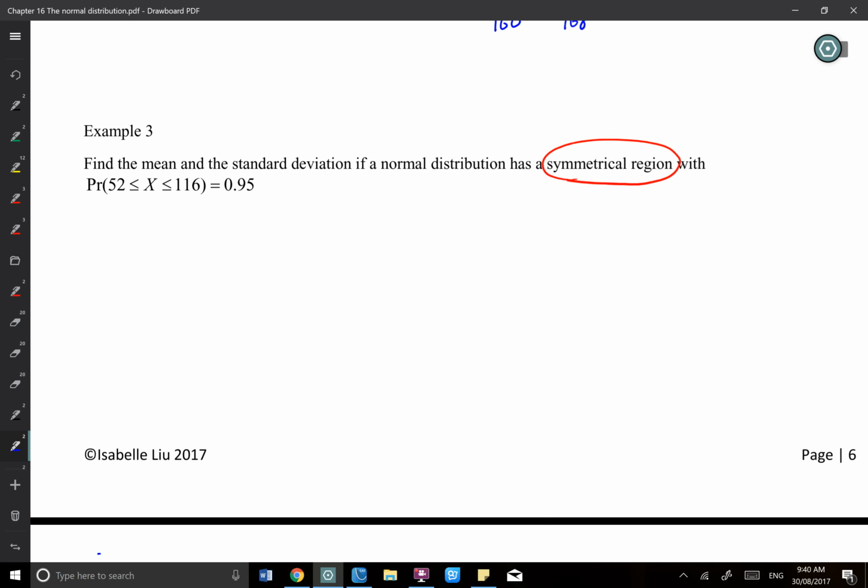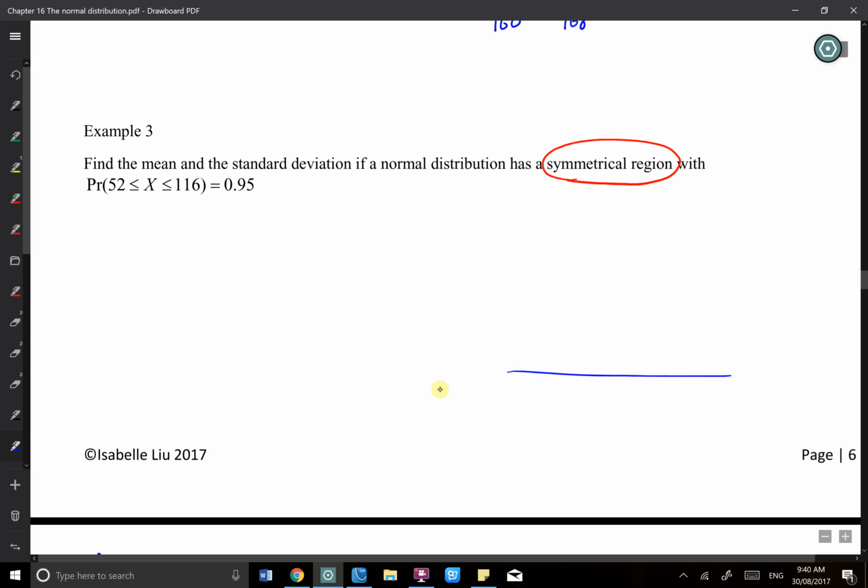So it's always helpful to sketch a graph. It's alright, we don't know where exactly it is, but the shape is always a bell curve and the x-axis is here. So that's the middle. I say that's mu, and you know that the symmetrical region is 52 to 116.